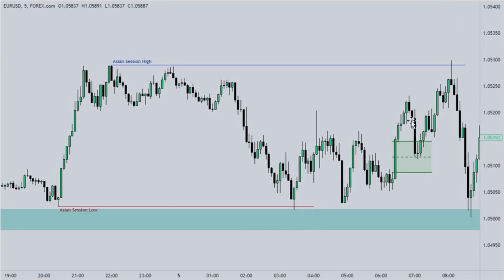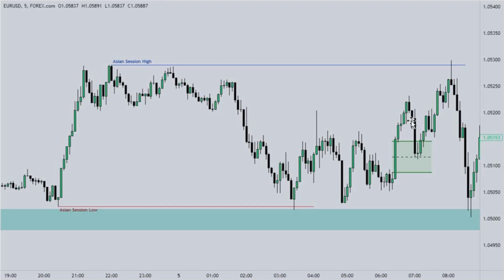And I use only these four session highs or lows for liquidity because where I'm from, I cannot trade the PM sessions. That's why I only use these four. But you can use PM sessions also.